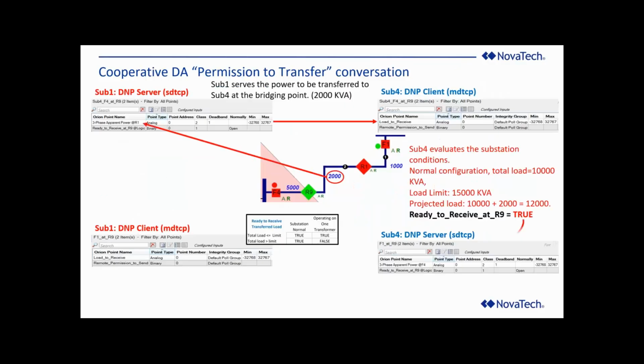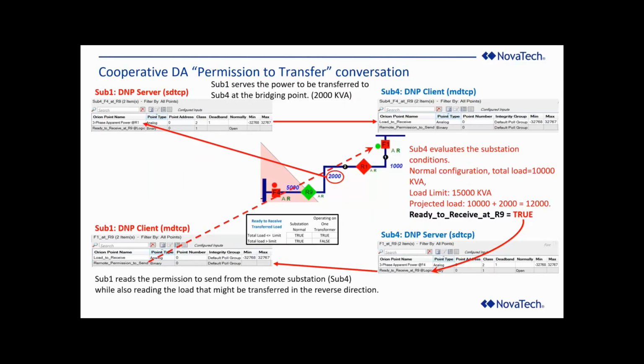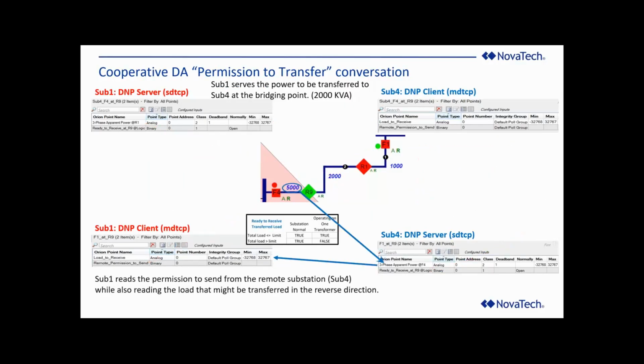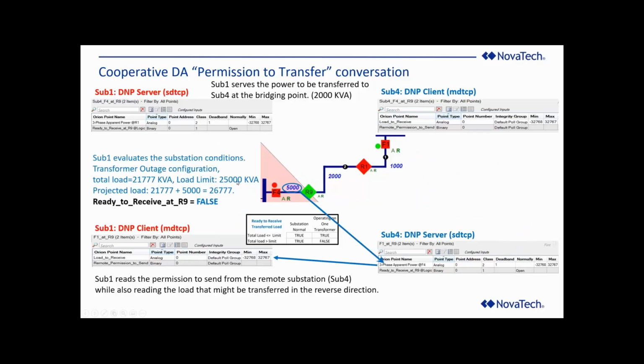So that's what we had going on through here. And so with that, we are over the allowable limit, and we are in a transfer situation. The ready to receive message that goes back is false. It says, no, you cannot send it. So the message that is being received from substation 1 at substation 4 is saying, no, do not transfer that.